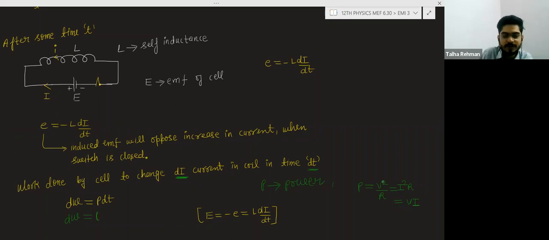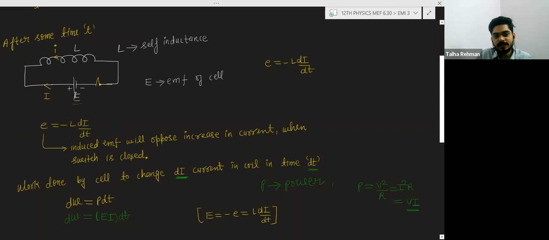I am using this formula, so V is E here, EMF into I, and this is dt.